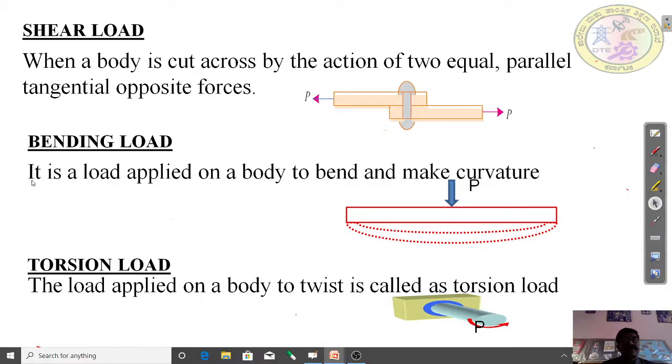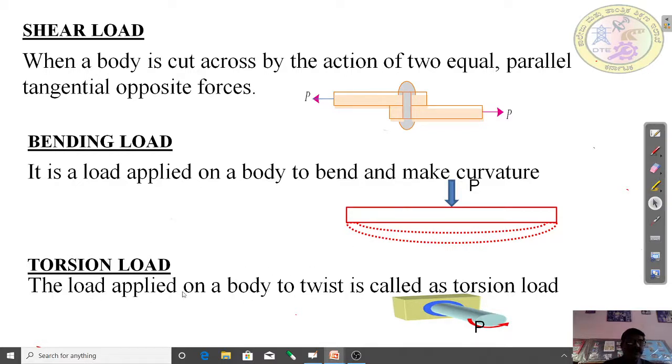Bending load. If it is a load applied on a body to bend and make a curvature, this is a beam which is supported at the ends. When you apply a load P, it forms a curvature. Then these kind of loads are known as bending load.